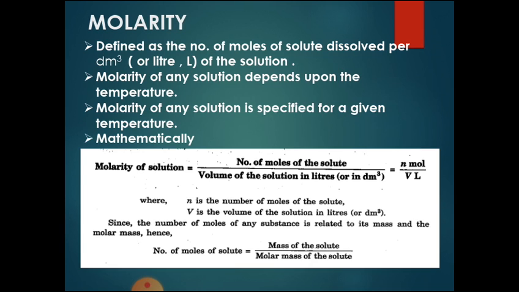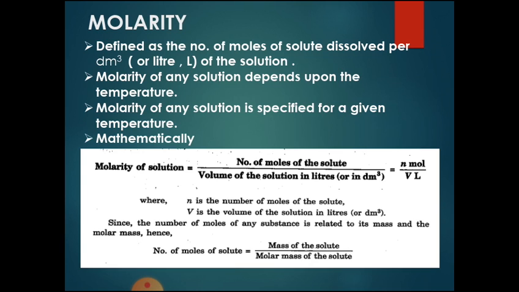Now if we are asked to write the expression for molarity according to the definition: number of moles of the solute divided by volume of the solution in liter or dm cube. It can be written as n by V, where n is the number of moles of the solute and V is the volume of the solution in liter.